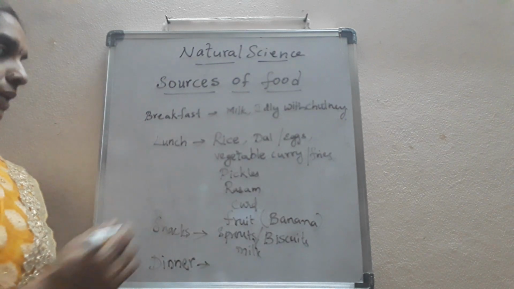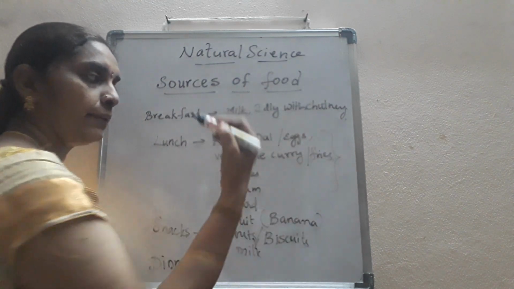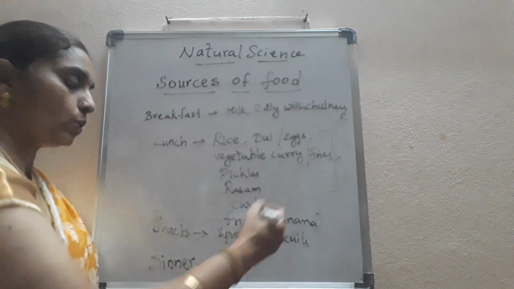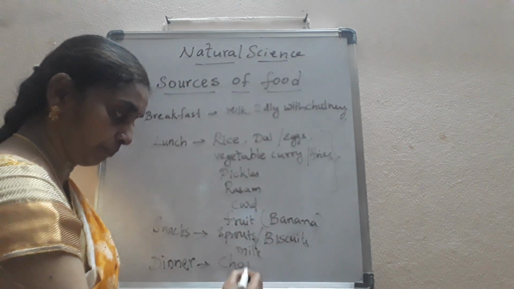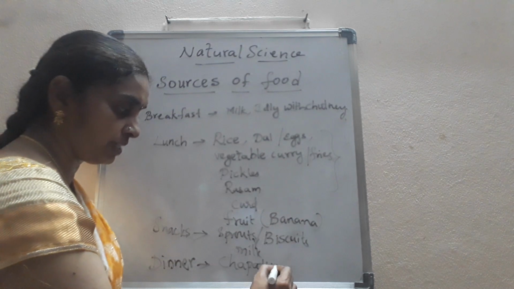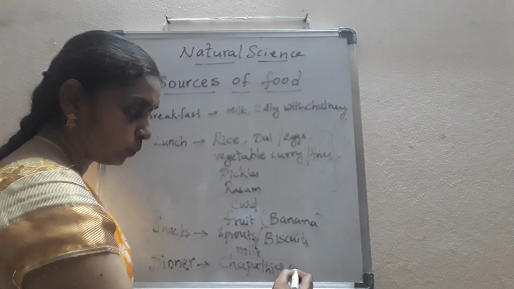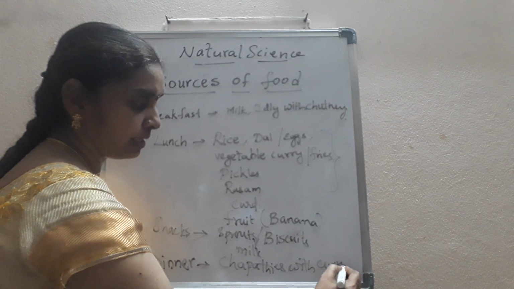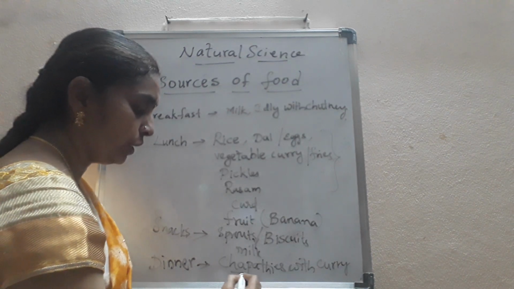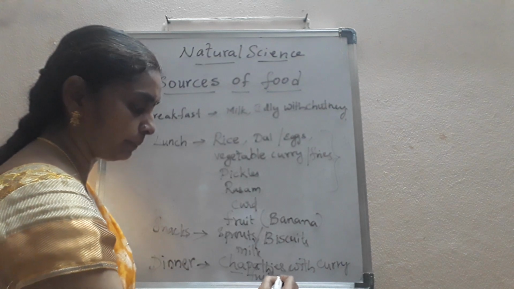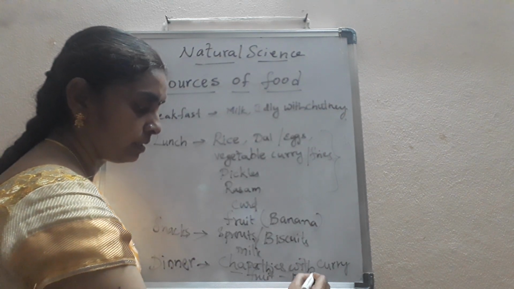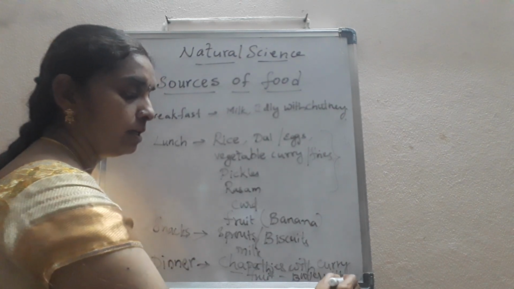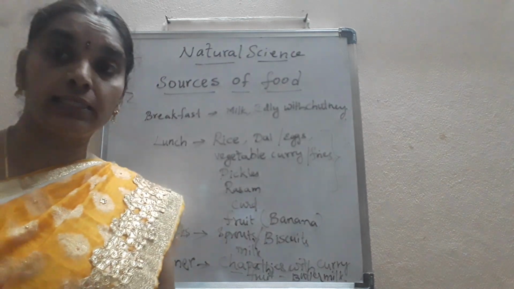Yes, in your dinner, the lunch items may carry on, or you add chapatis. You'll take the chapatis with different types of curries, and a simple diet during the night, isn't it? And only fruit you will add with the buttermilk. So this may be a simple diet at night time.